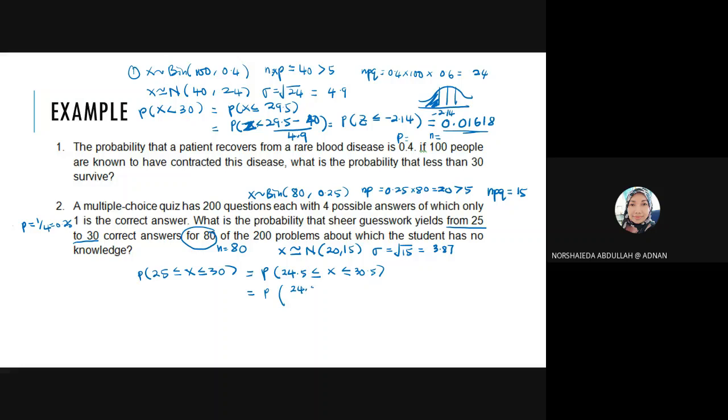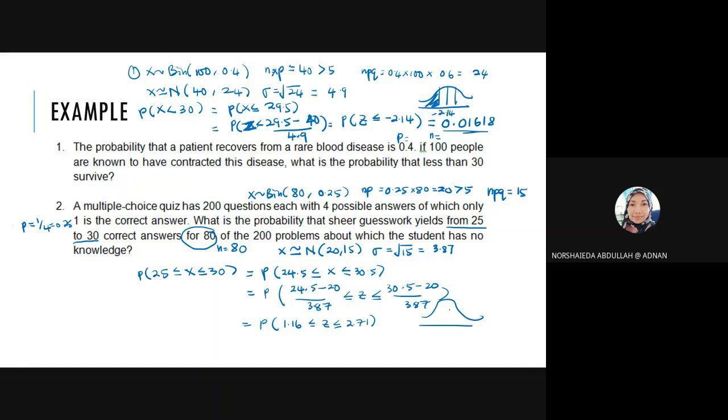Okay, 24.5 minus 20 over 3.87, and 30.5 minus 20 over 3.87. Okay, so z value between 1.16 and 2.71. Okay.